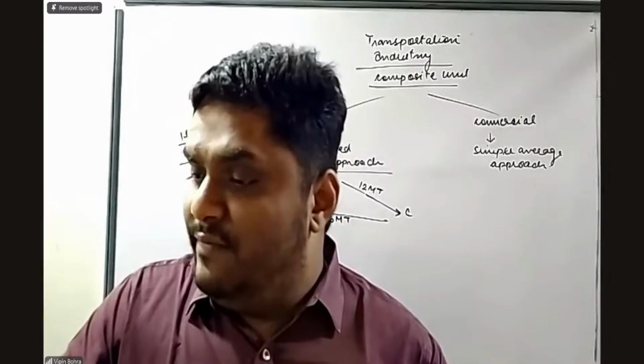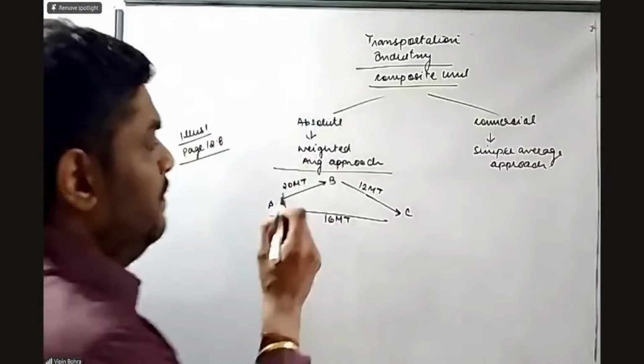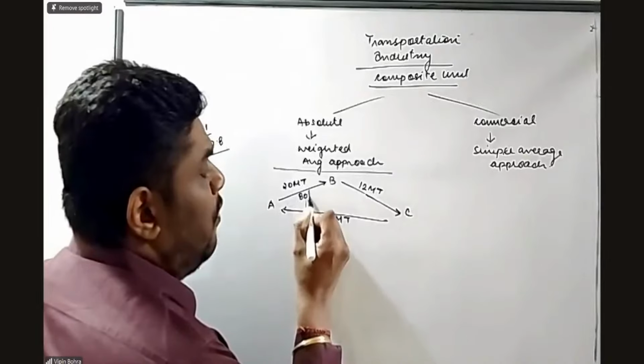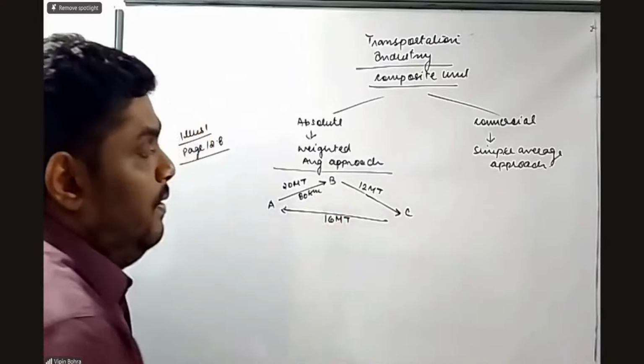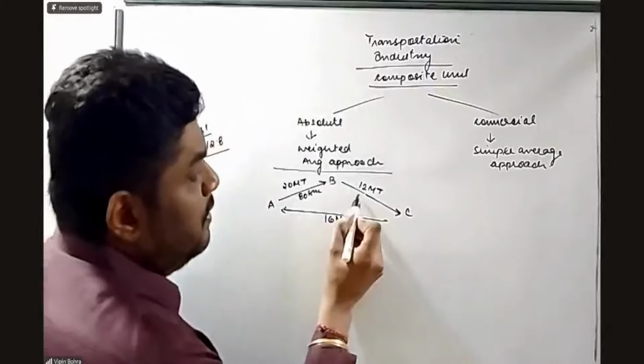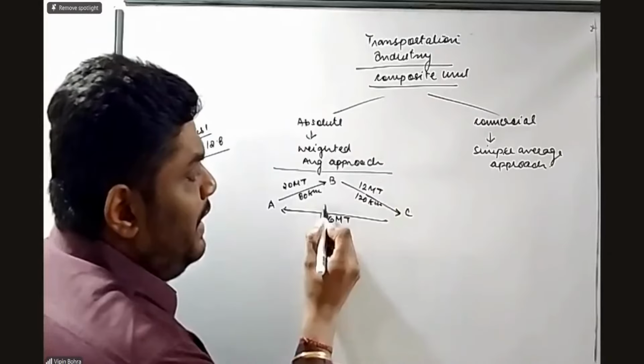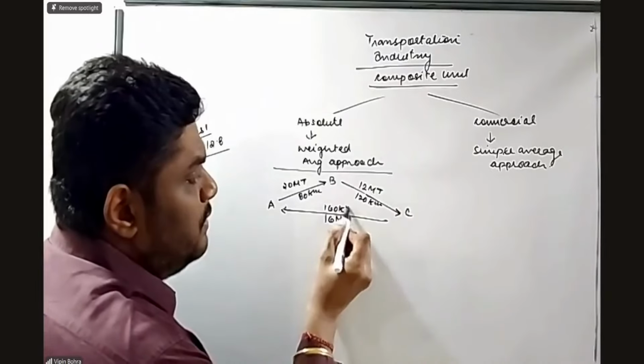Further, the distance from A to B is 80 kilometers. From B to C, it is 120 kilometers. And from C to A, it is 160 kilometers.